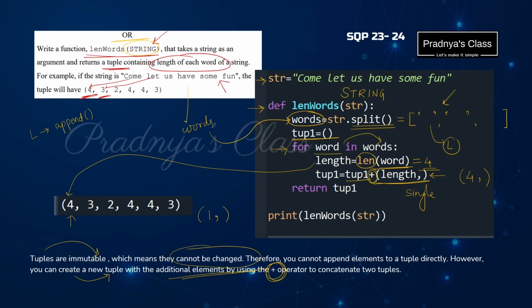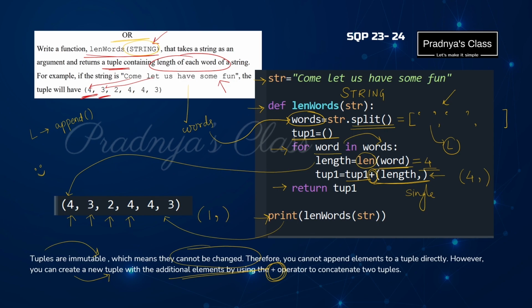In this way, one by one, the lengths get added to the tuple. Write the return statement as we are writing a function. No need to call it because according to the instructions, we will be writing only the function. I have written this statement because I need to call the function and check whether the output is working fine or not. Hope you understood this code.